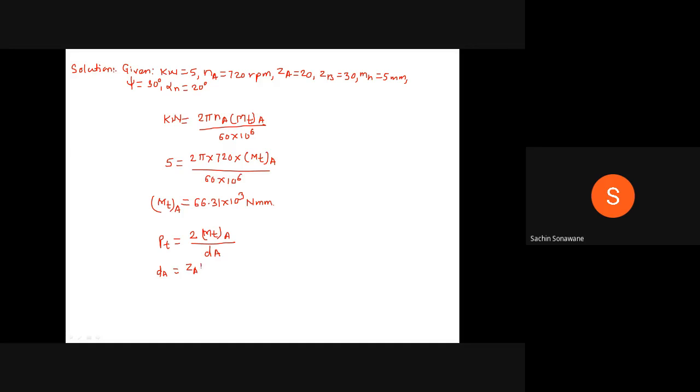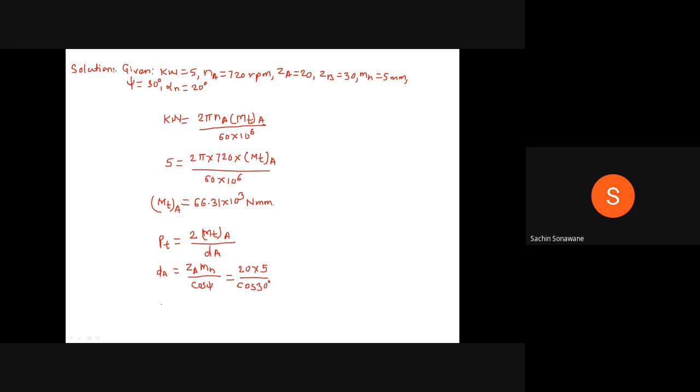Pitch circle diameter of helical gear A is equal to ZA into Mn divided by cos of psi, which is equal to 20 into 5 divided by cos of 30 degree.